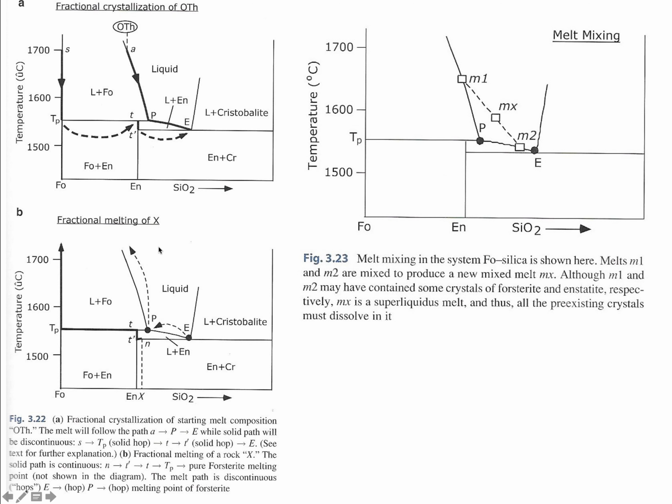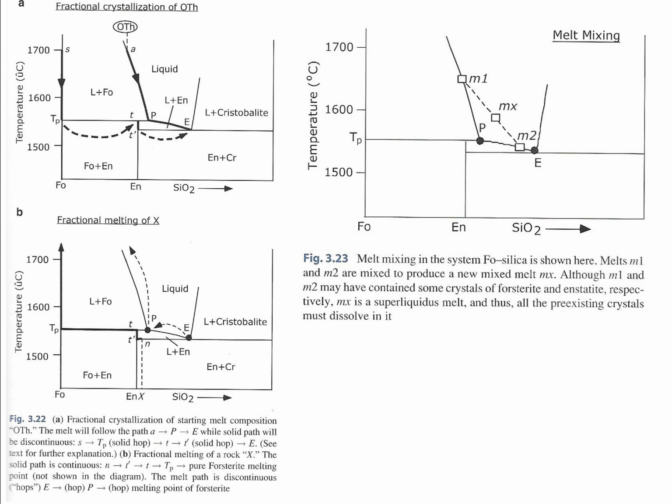Here we have the opposite case, we are increasing the temperature. We have now fractional melting of X. And there the path will go the other way around. We have here the rock with composition X. We will heat this up, and then we are following this path.